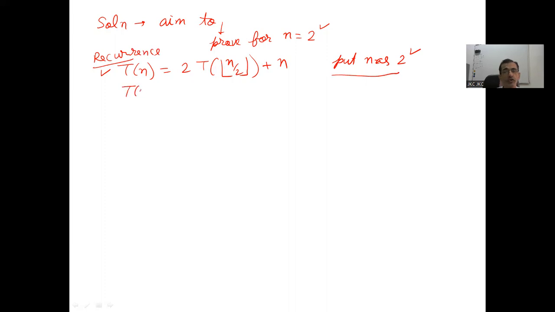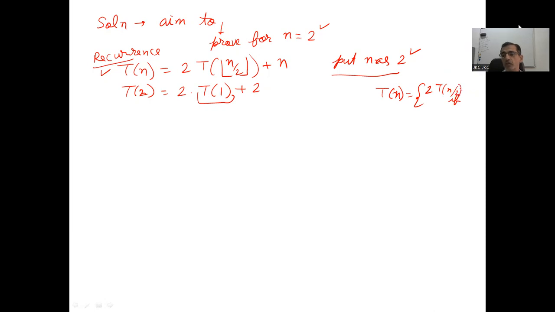So T of 2 is ideally equal to 2 into T of n by 2, which is 1, plus 2. T of n is already defined. We have already said that T of n equals 2T(n/2) plus n, if n was greater than 1.